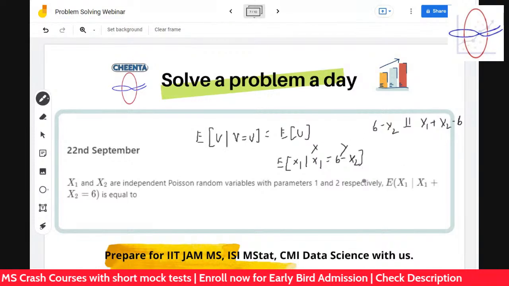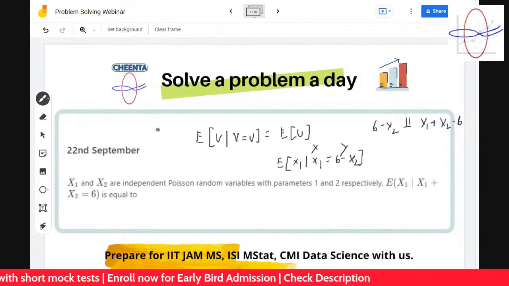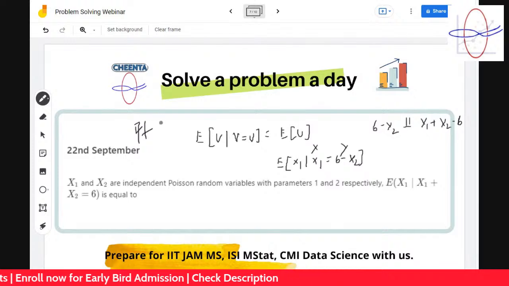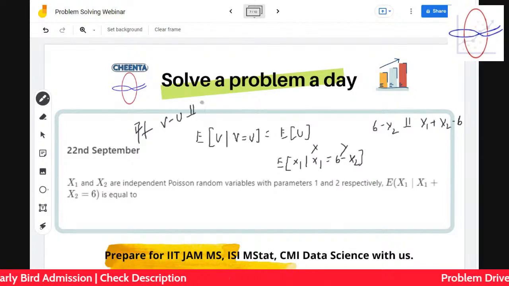Right, Tishika? So this will only happen if V minus U is independent of V.